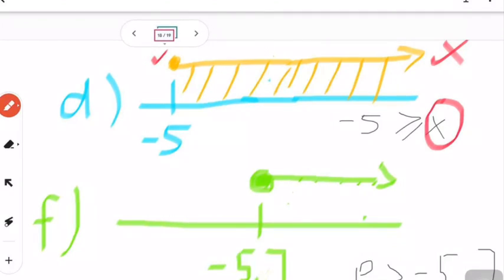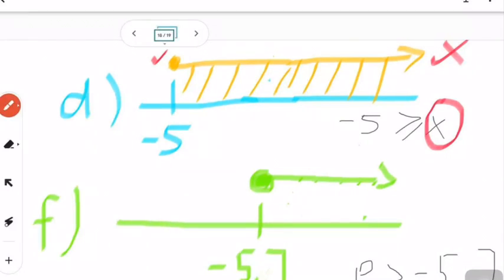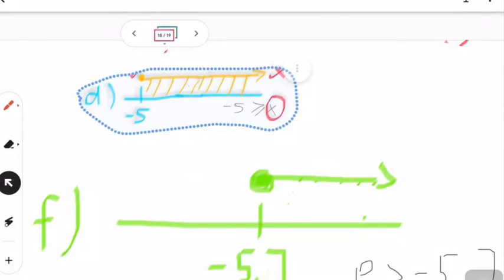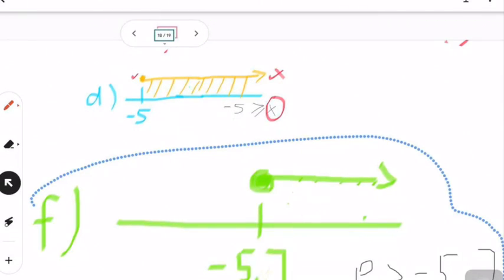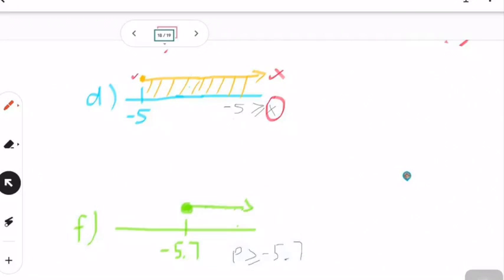Kejap cikgu kecilkan dulu sebab dia terlalu besar, so that we have space to write. Okay, tengok kat sini baik-baik kelas, everybody observe here. Now even though negative 5 is placed on the left side, dia letak awal, tapi you kena tengok X je.